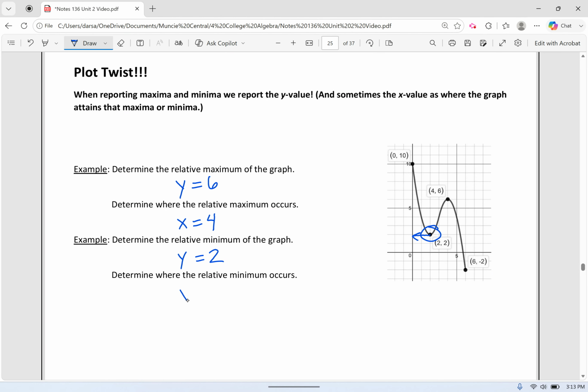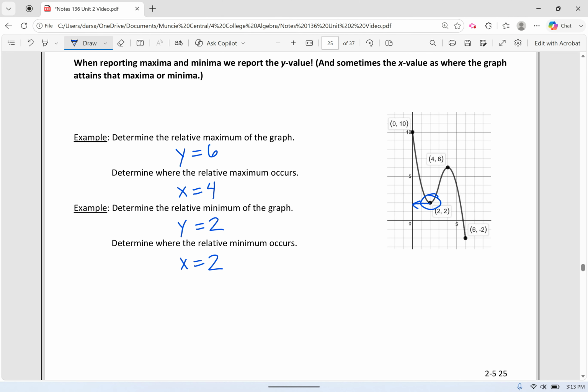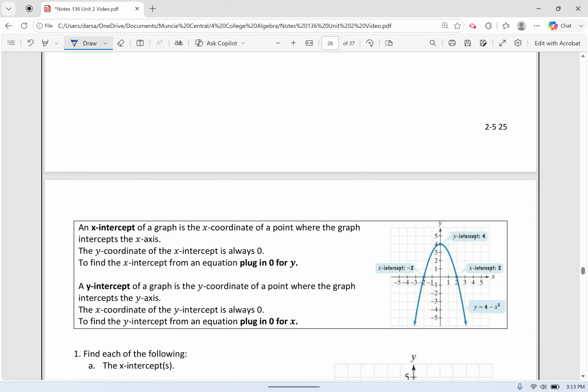So the x value where it occurs is also 2 in this case. So remember, when we're reporting maxes and mins, we want to report what the y value is, but it's also important for us to understand it happens at a particular x value.